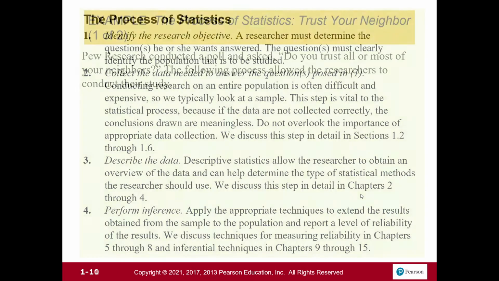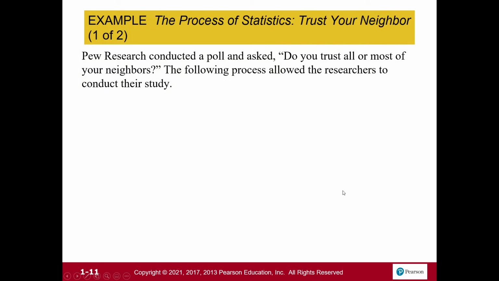Let's look at an example here now. In this example, we're looking at the process of statistics, trust your neighbor. Pew Research conducted a poll and asked, do you trust all or most of your neighbors? The following process allowed the researchers to conduct their study.